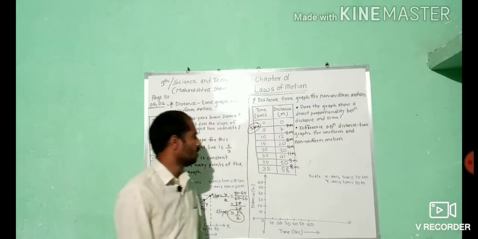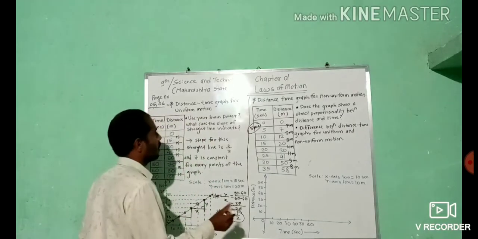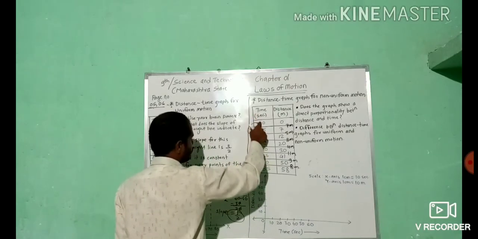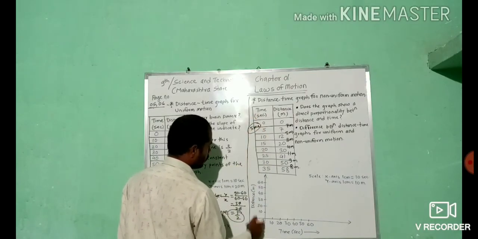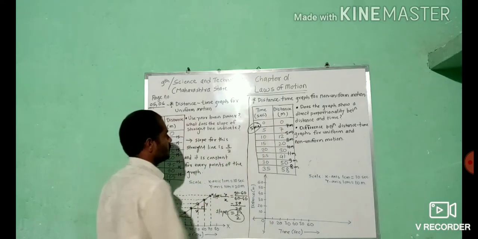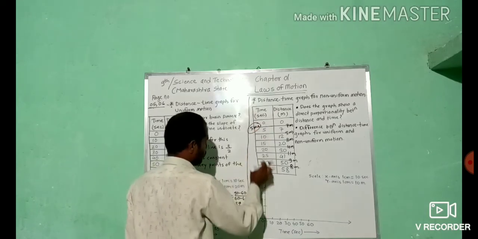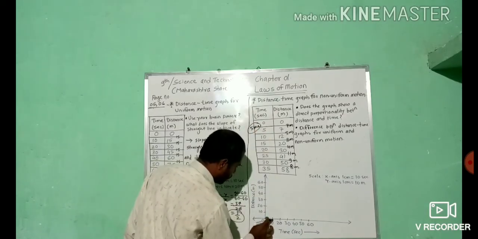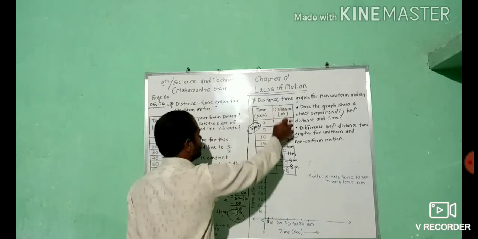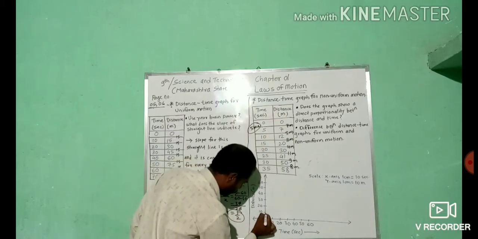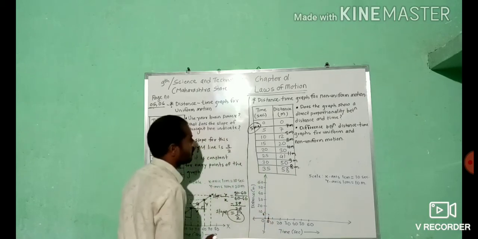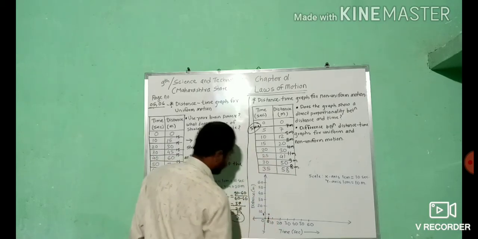We have learned that. Okay, so let's plot the distance time graph for the non-uniform motion here. What are the values for time? 0, and the distance value is 0, so the point is at the origin. Then the second value for time is 5, in between 0 to 10, and the distance is 7, near about 10. So you will get the point here.